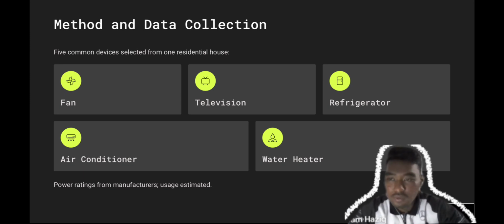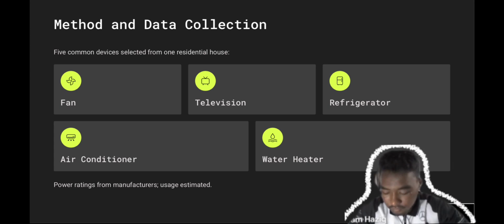So I want to talk about method and data collection. So we have chosen 5 common devices for one residential house. The 5 devices are fan, television, refrigerator, air conditioner and water heater.